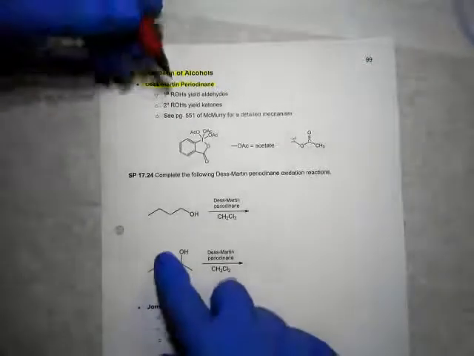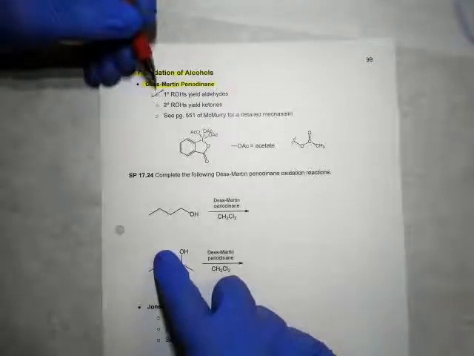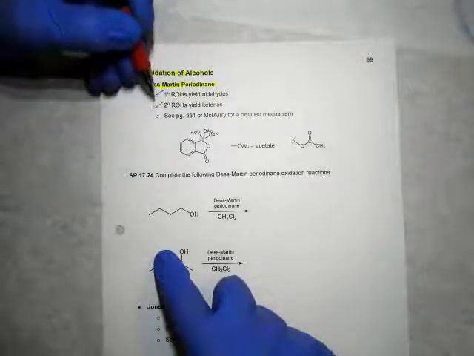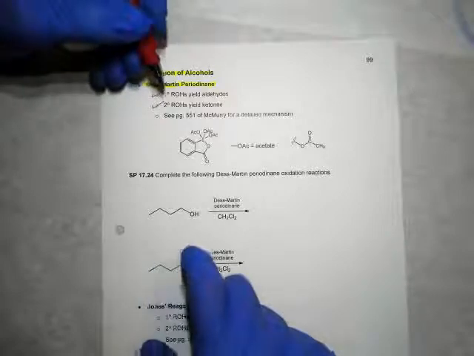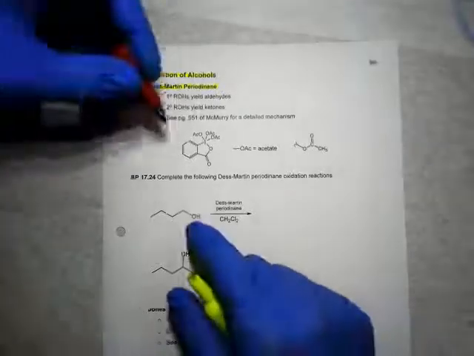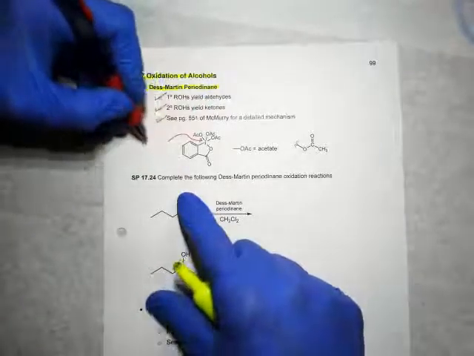You'll see in a moment that Dess-Martin converts primary alcohols into aldehydes very cleanly with very high yields, and similarly it converts secondary alcohols into ketones, extremely high yields. If you want to see a detailed mechanism, go to McMurry for that. I don't expect you to understand this mechanism. It's really beyond what we need to know for this organic course. But this iodine here is a hypervalent iodine.